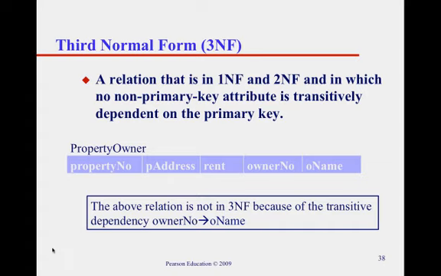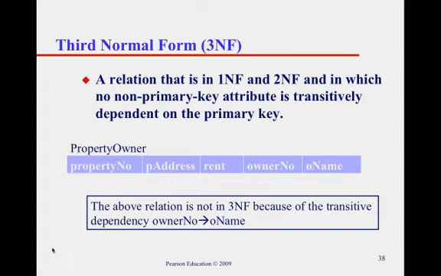So how do we move from second normal form to third normal form? We find all our transitive dependencies. For each transitive dependency we find, we move all the attributes in that transitive dependency to a new relation. Then the right-hand side, we delete those attributes from the original relation.